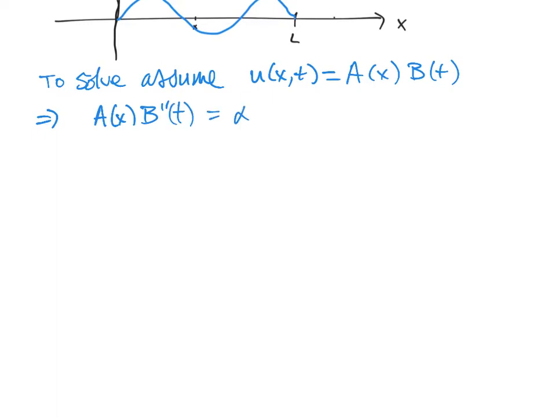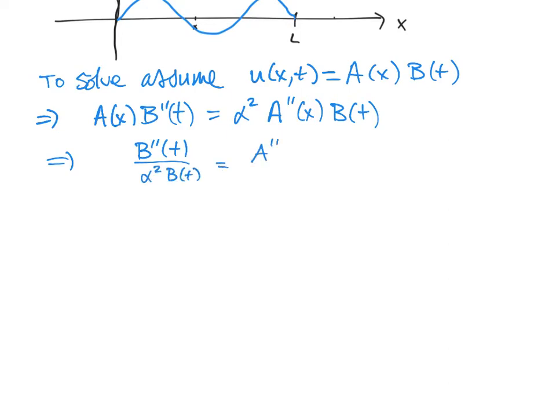And on the right-hand side, we had our alpha squared, and then two x derivatives, so that's A double prime of x times B of t. We can separate the t's on one side and the x's on the other, and we get B double prime over alpha squared B of t equals A double prime of x over A of x.